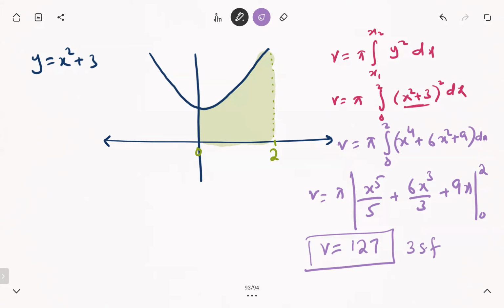So you need to check your calculations, otherwise there's no issue here. Simply you can apply the formula, integrate, put the limits, use your calculator and you'll get your answer.